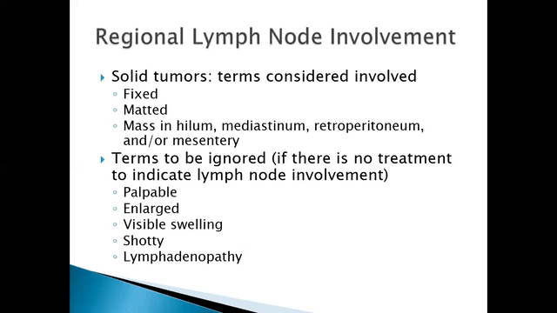If the physician states localized stomach mass and palpable, enlarged lymph nodes, but they're treated with just a surgical resection of the stomach, and the nodes were not removed, then you could assume that those lymph nodes were not positive or involved because the treatment that was given did not indicate that they were positive.